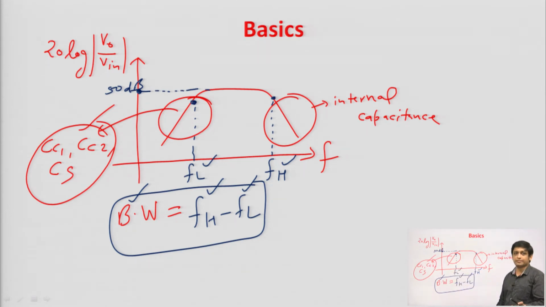There are various names: upper minus 3 dB, lower minus 3 dB, upper corner, lower corner, upper break frequency, lower break frequency. The terms are different, but the definitions are the same. FH and FL are the frequencies at which the gain is reduced by 3 dB of the maximum gain.